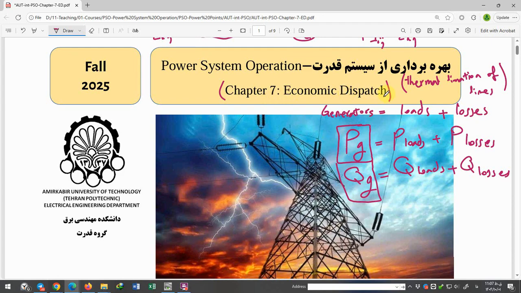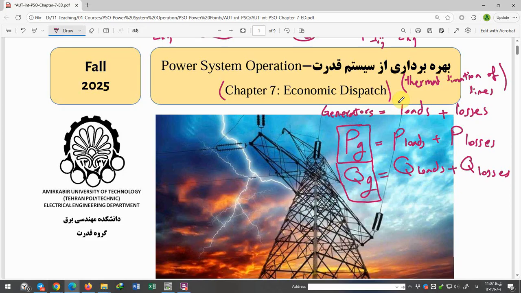The dispatch means that you divide power or give responsibility to generators to generate a specific power.